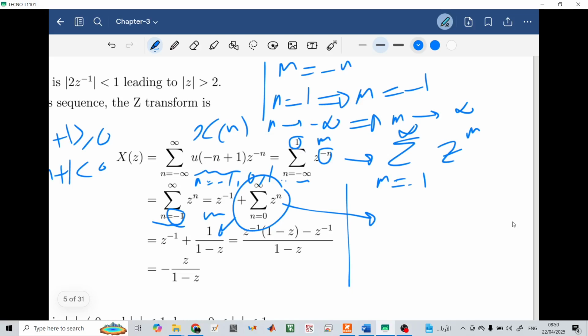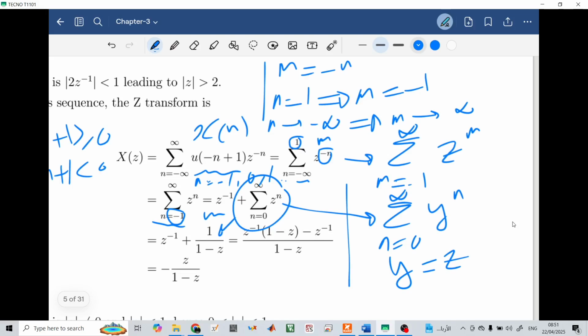It's not to the power minus 1 as we used to see before, right? So here we used to say, okay, we have a counter from 0 to infinity, y to the power n. Y here simply equals z. In the previous example, y equals z to the power minus 1. So we need to make note of this.